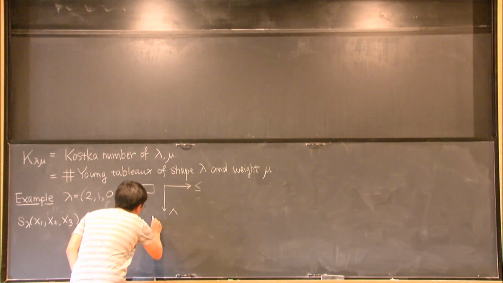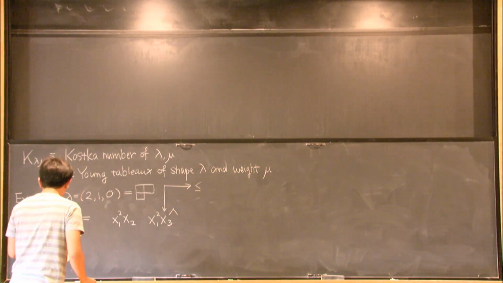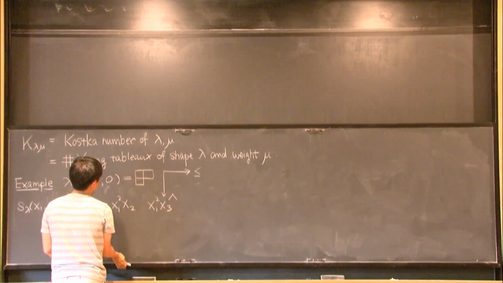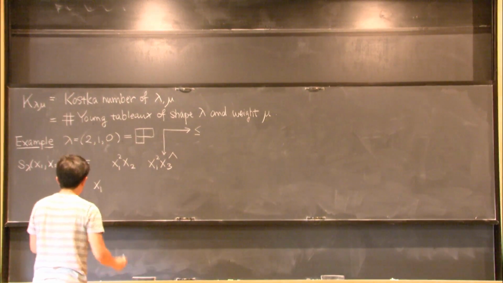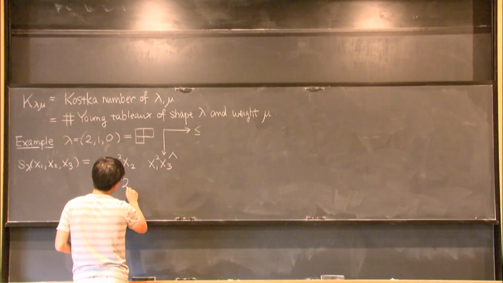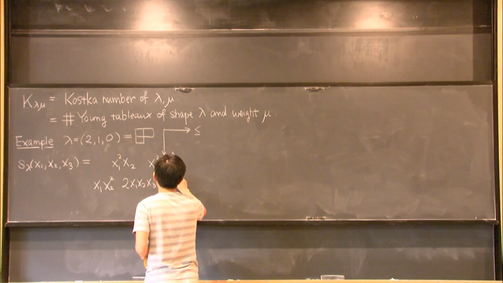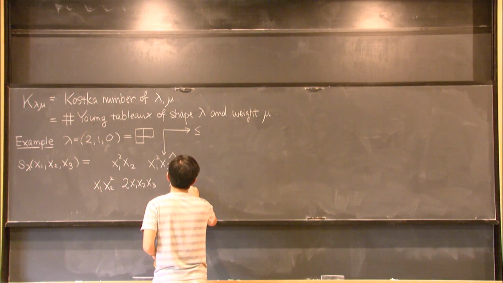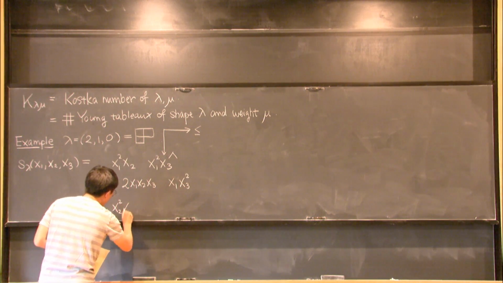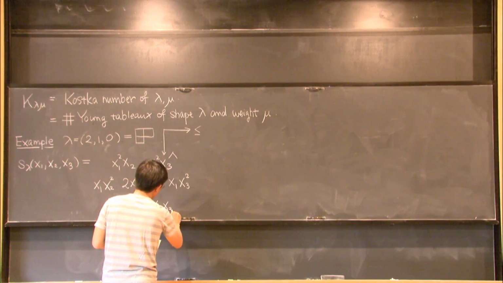And similarly, I have x1 square x3. And I'll have x1 x2 square, and 2 times x1 x2 x3, and x1 x3 square, and x2 square x3, and x2 x3 square.